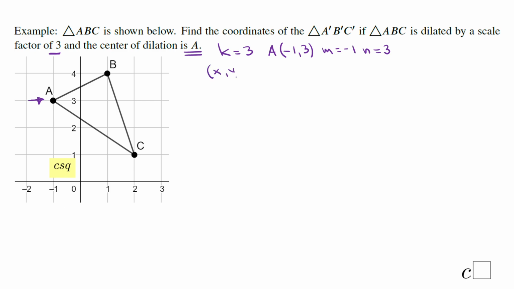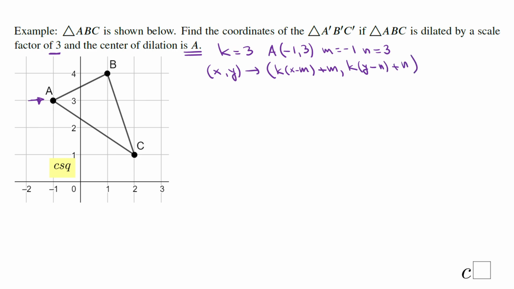X, Y becomes K, X minus M, this is in parentheses, don't forget, plus M, and the Y coordinate, K, Y minus N in the parentheses, plus N. Writing this formula for a while is going to help you to remember.